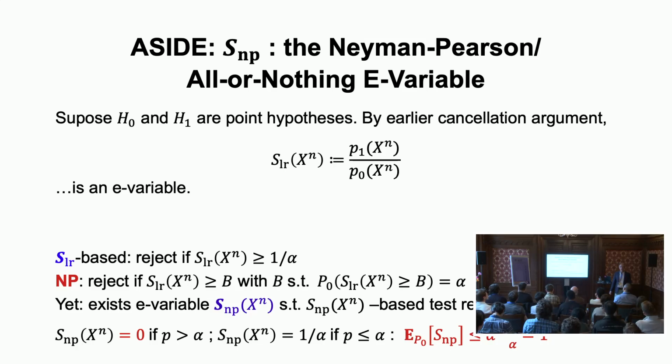And it amounts to betting the farm. In the e-value world, what you do here is you bet all your money. Let's say you look at a few rounds together and you make a bet where it happens that either you get 0 or you get 1 over alpha, nothing in between. You won't expect to get money on the null, so it's a valid e-variable, so you can do this.